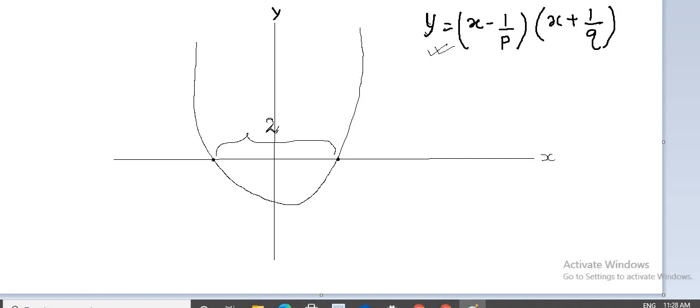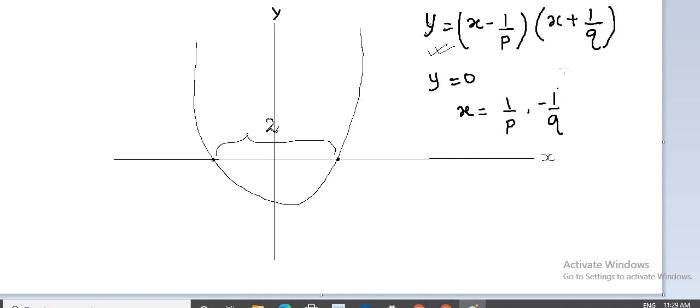So let's find out the roots of this curve. For finding the roots, you have to equate this equation to 0. It means that when y is equal to 0, at what points does x make the equation equal to 0? Thus you can say x is equal to 1 by p and the next one is minus 1 by q.